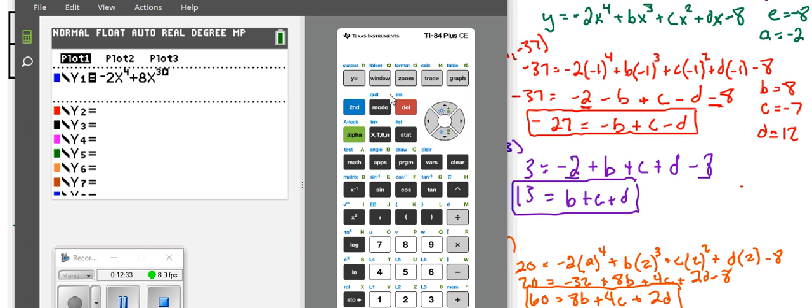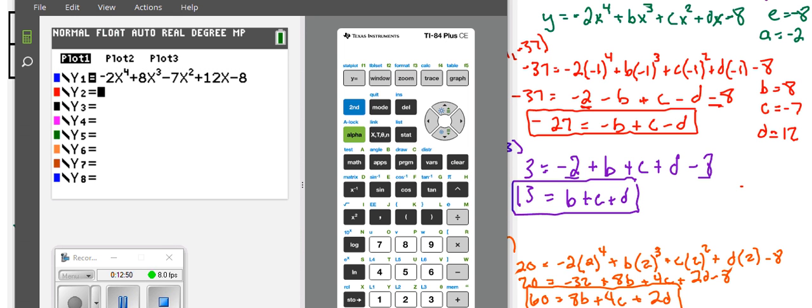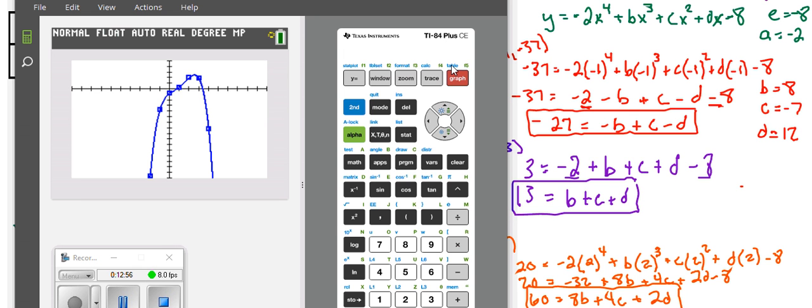Minus 7x squared plus 12x, and e is -8. Okay, I think that's the equation. If that's the equation, my table should line up, and also my graph should line up with those points.